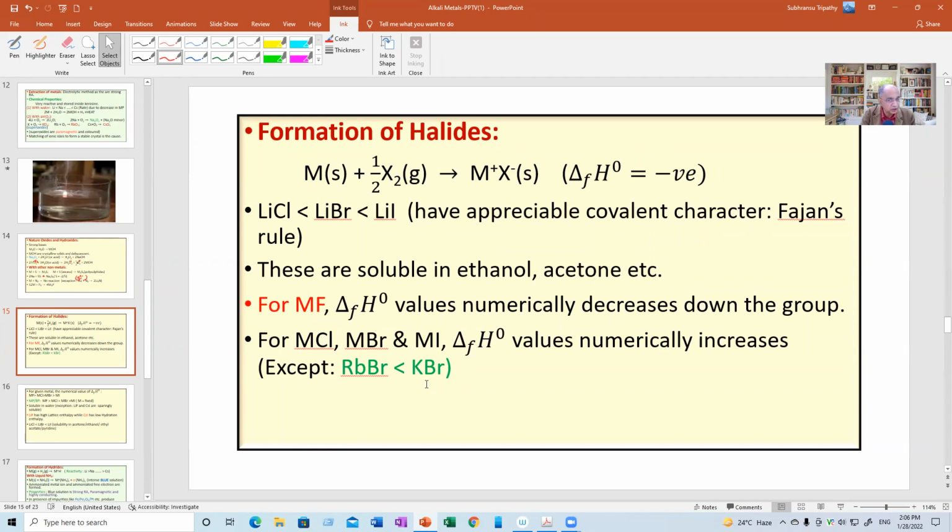So you must remember this very mindfully, carefully, that the heat of formation is negative for all, and for fluorides, the numerical value decreases down the group, and for chlorides, bromides, iodides, independently, as you go down the group, the numerical value increases, except for bromides. In case of rubidium and potassium, the trend is opposite.